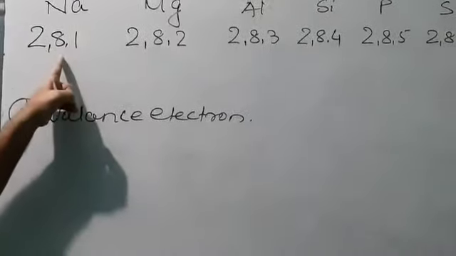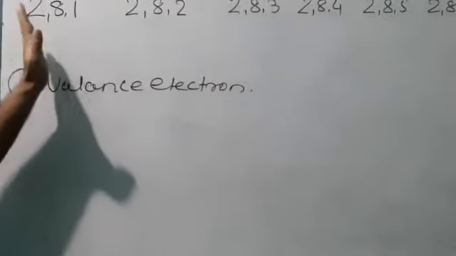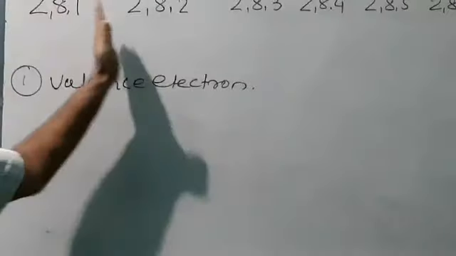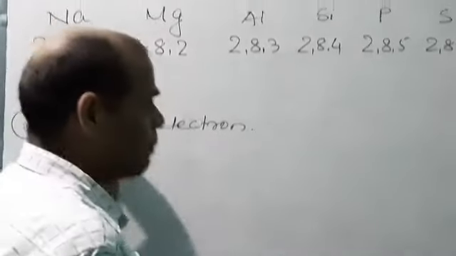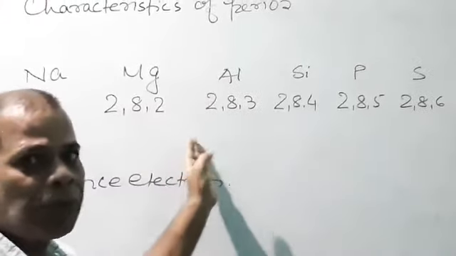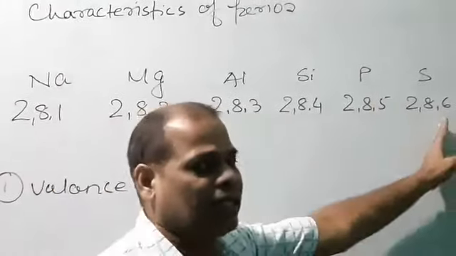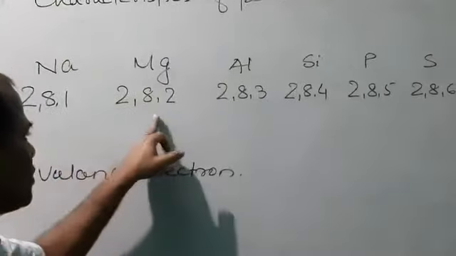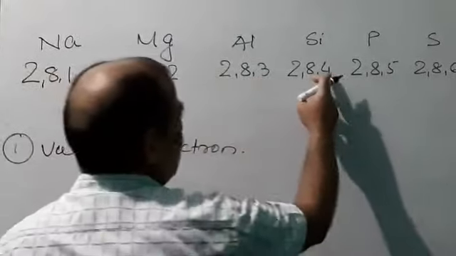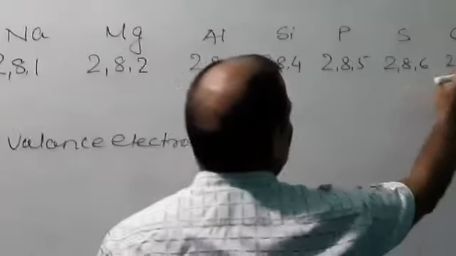Please keep it in mind. While moving from left to right across the period, the number of valence electrons increases: 1, 2, 3, 4, 5, 6, 7.